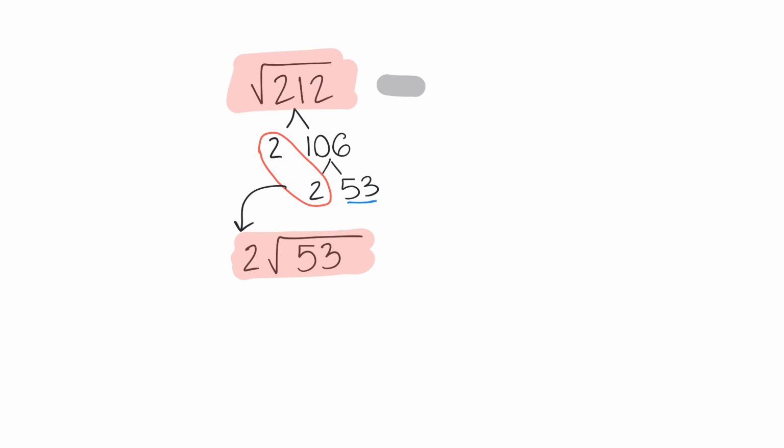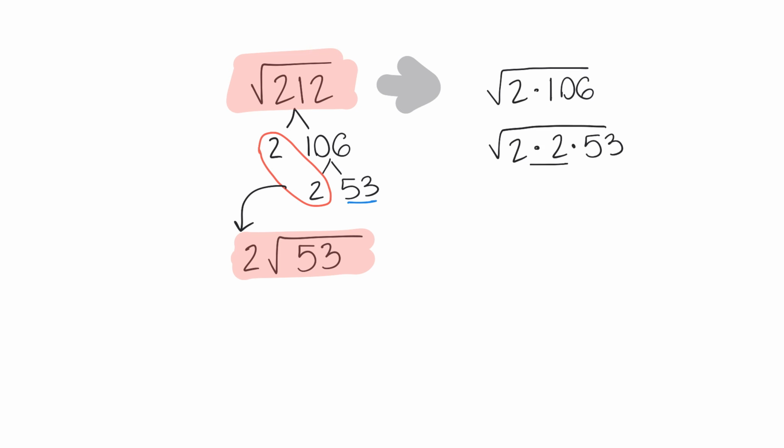Let me show you in my original way. 212 is the same as writing 2 times 106, right? 106 is the same as writing 2 times 53. Well, 2 times 2, that's 4, right?